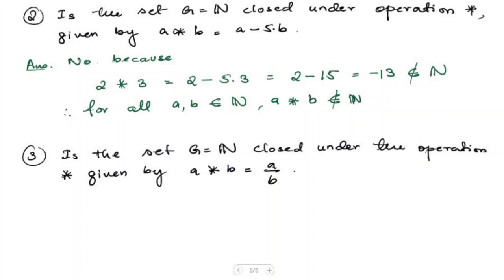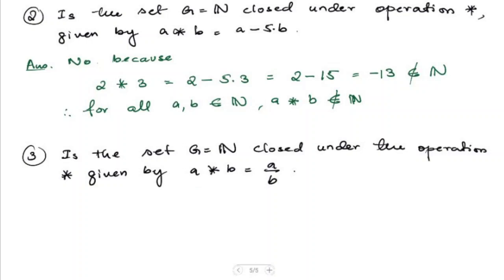So what do you see here generally? If you have any two numbers and you divide them, and it's not giving you a proper integer as the answer, in that case that won't be an element of natural numbers, right? So if you have, let's say, 4 divided by 2, so for A you took 4 and for B you took 2, 4 divided by 2 would be 2 and that would be an element of natural numbers.